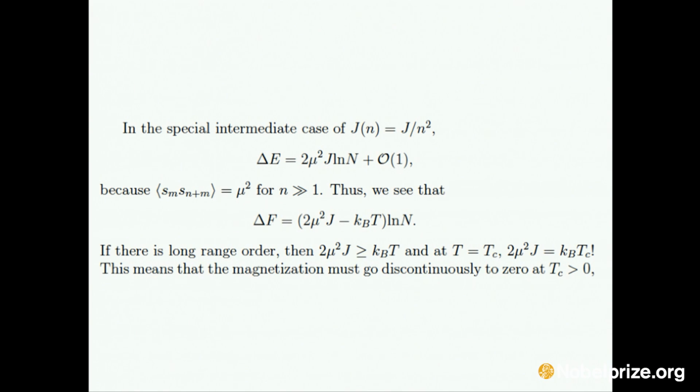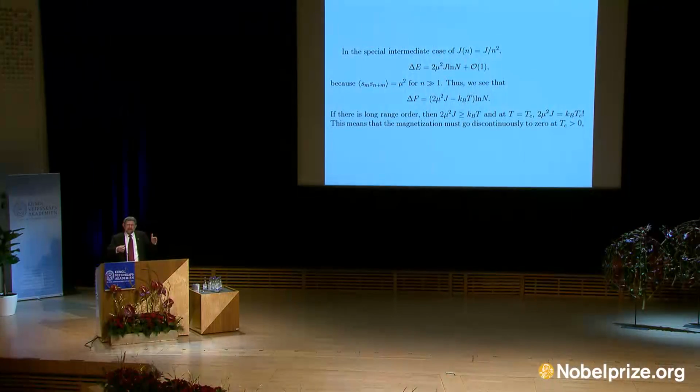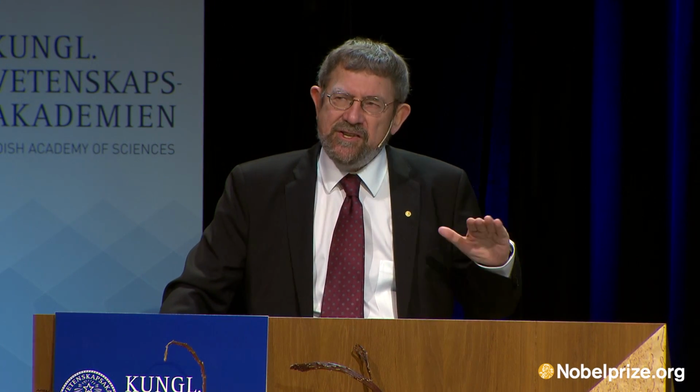Okay? Now, assuming this is a continuous transition, this formula is saying, wait a minute, no, that can't happen, because the magnetization has got to jump discontinuously to 0 as you pass through the critical temperature. This is actually a very strange result, because normally one thinks of a phase transition where something jumps discontinuously to 0 as what is called a first-order transition. But this transition is well known not to be first order. So this is a most unusual situation.